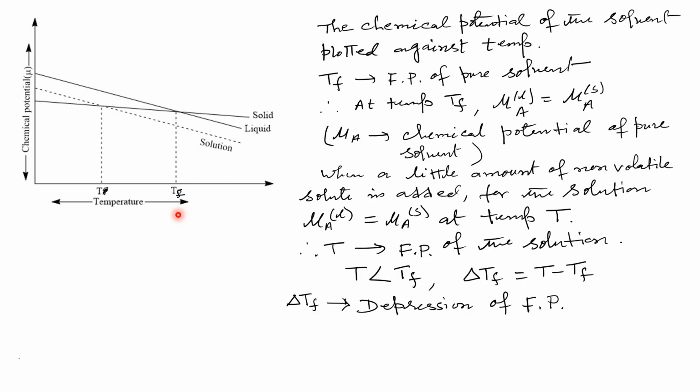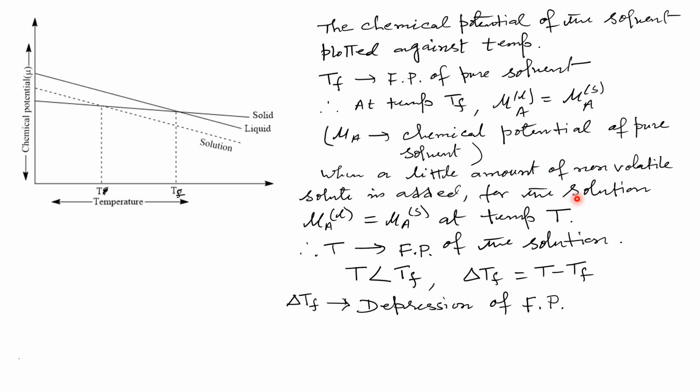At equilibrium, the chemical potential of the substance in different phases, here solid phase and liquid phase, should be the same. So A indicates the solvent. The chemical potential of the solvent in the liquid phase must be equal to the chemical potential of the solvent in the solid phase. Mu A, chemical potential of the pure solvent.